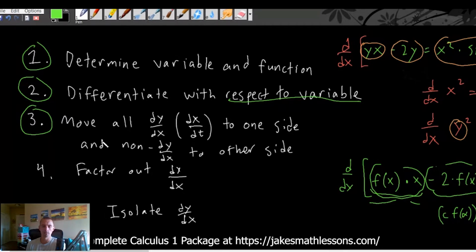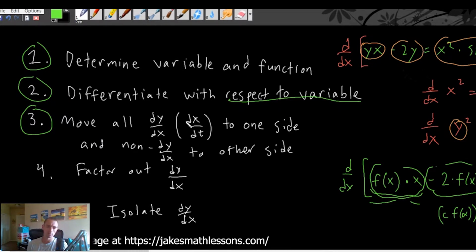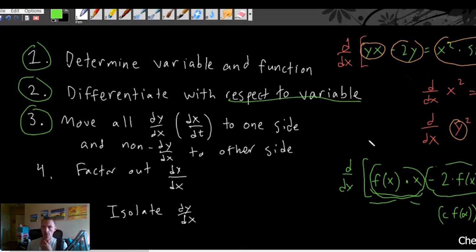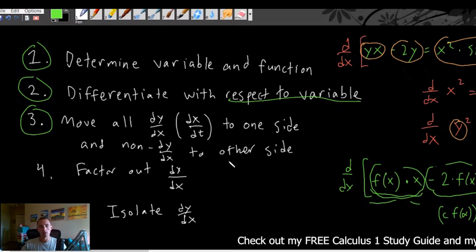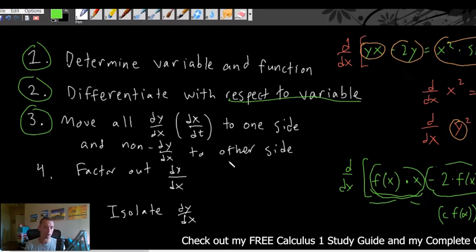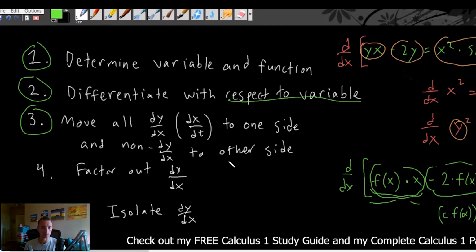The reason I say that is, when you're trying to solve for dy dx, the idea is once you have properly taken the derivative of both sides of your equation with respect to whatever your variable is, if we're trying to find dy dx, then with respect to x, what you would end up with is a bunch of terms being added and subtracted to each other, where there are going to be terms that have dy dx's in them, and terms that don't.